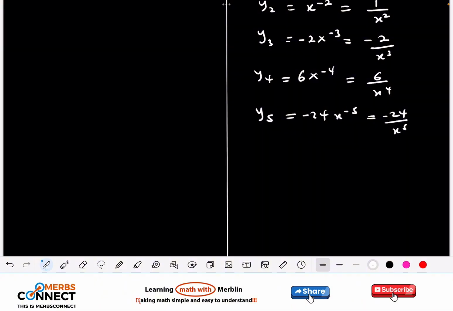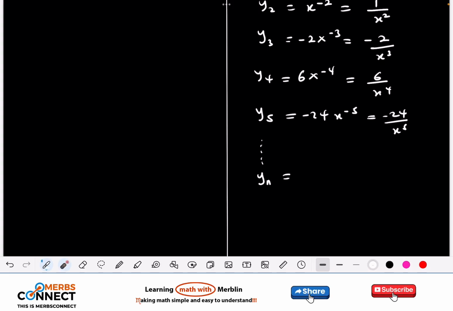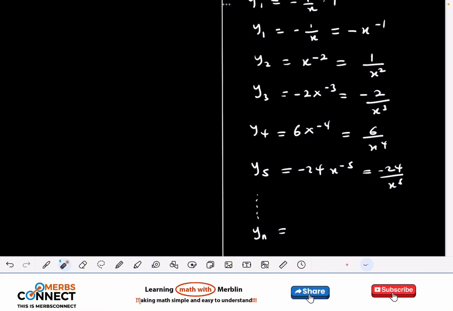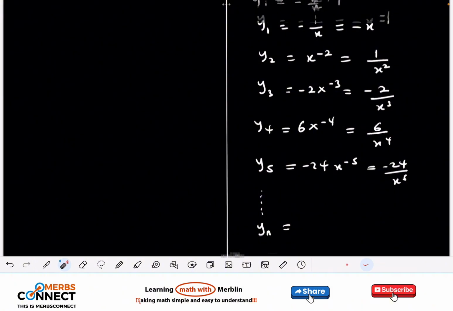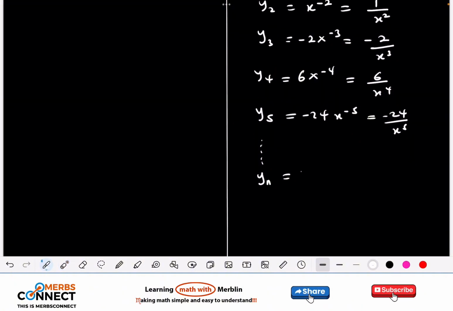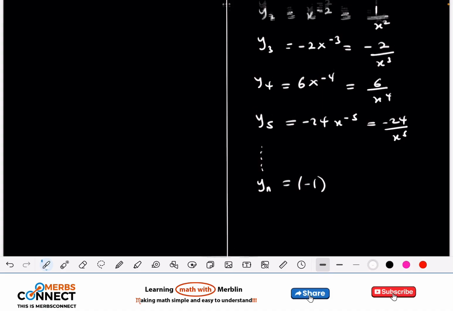So here now we can try to find the nth derivative. Let's look at the function. One thing that we saw from the differentiation is that we have plus, minus, plus, minus, plus, minus. So we have alternating positive and negative. In math, we can use the minus 1 to cover for the minus and then the positive.